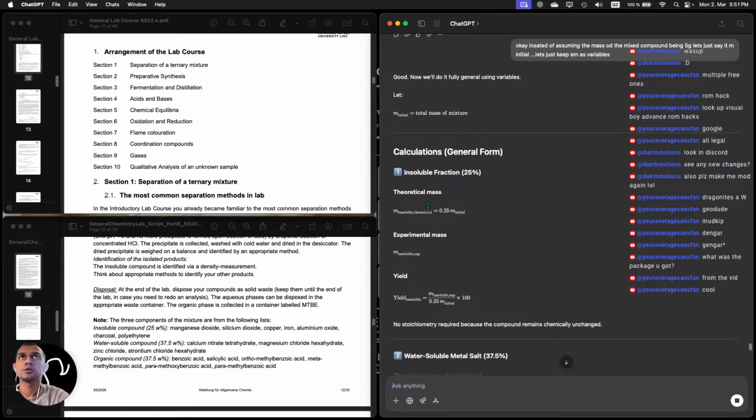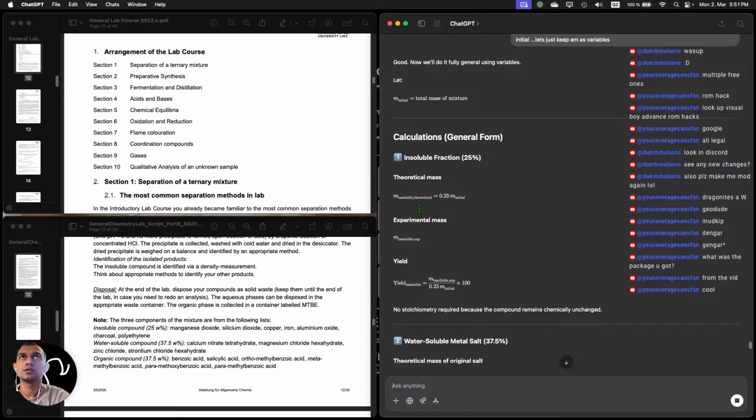Initial total mass of the mixture, 0.15 initial. Experimental yield equals m soluble experimental by 100. No stoichiometry required because the compound remains chemically unchanged. I'm guessing that's the way.